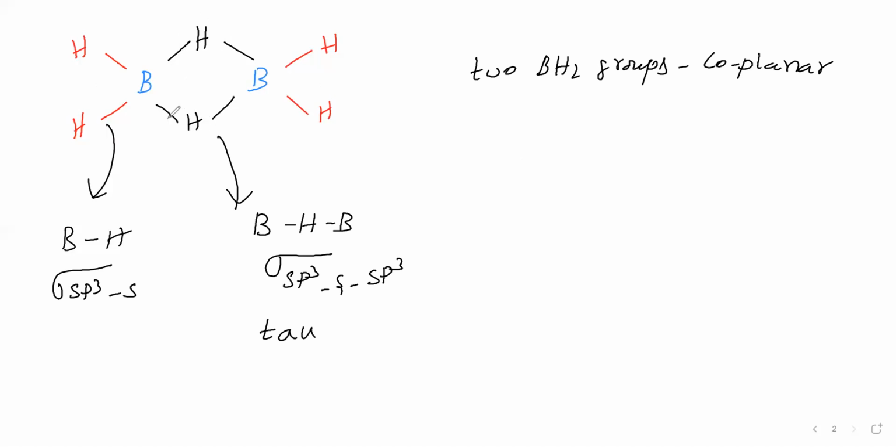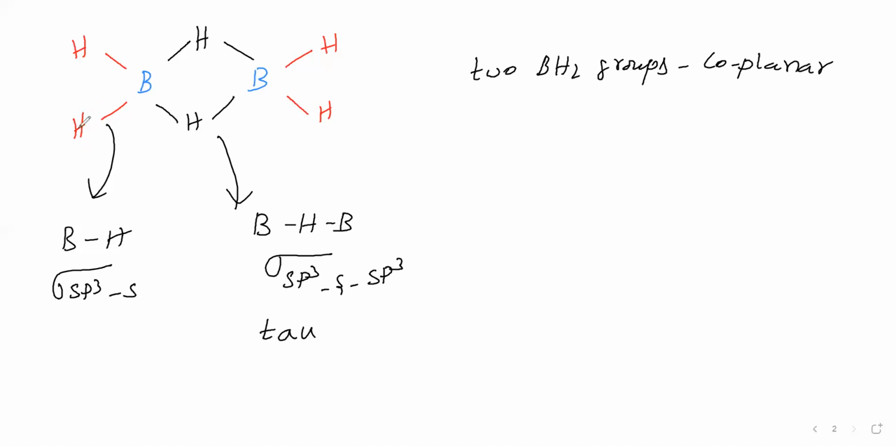Now see, the chemical environment of this BH bond and this hydrogen bond is entirely different or not? This is a normal bond, but this is not a normal bond. Therefore, when diborane is taken for methylation, this hydrogen is going for methylation.